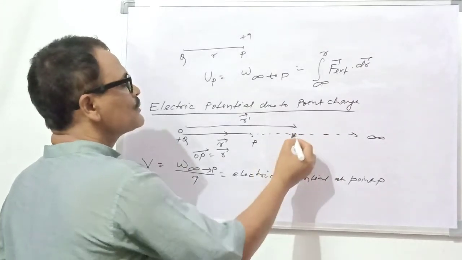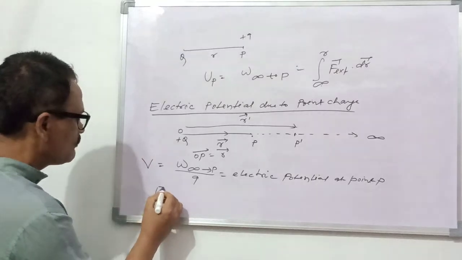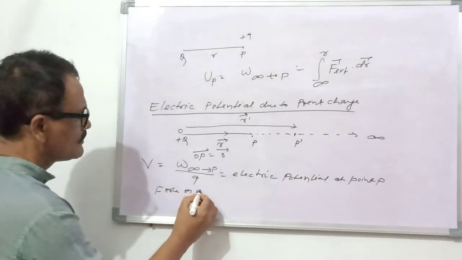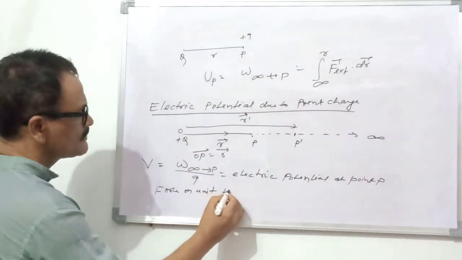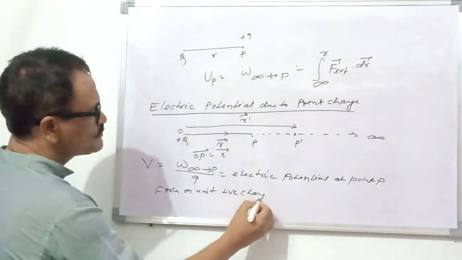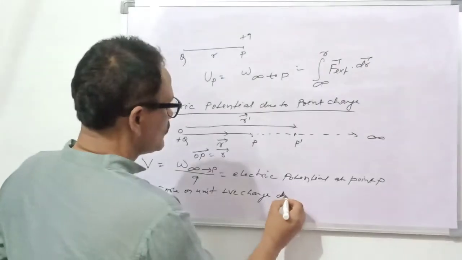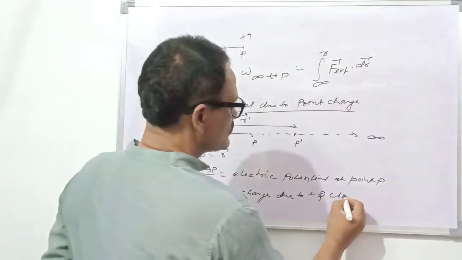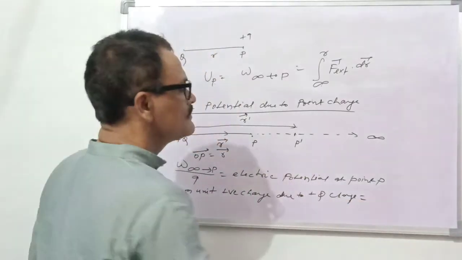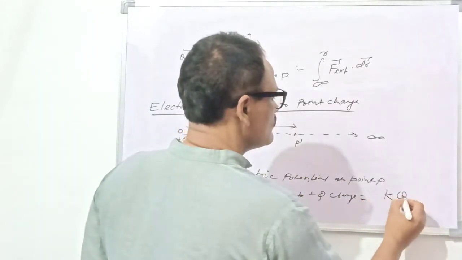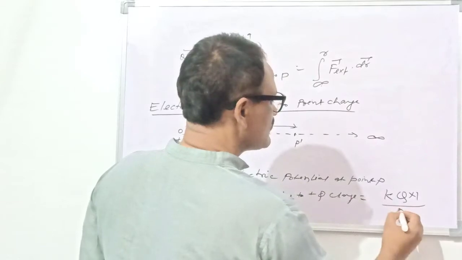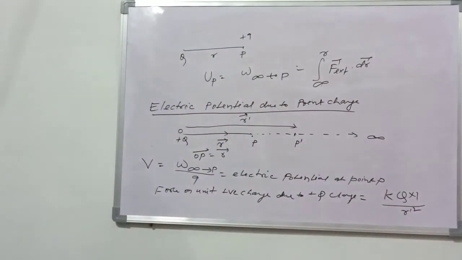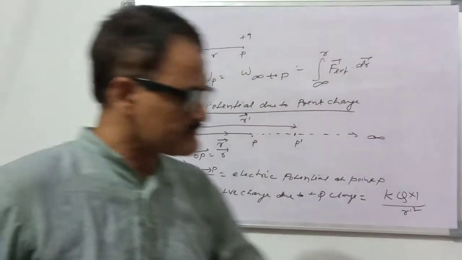Suppose here is the unit positive charge. The force on the unit positive charge due to plus Q charge is equal to kQ into 1 divided by r dash square.